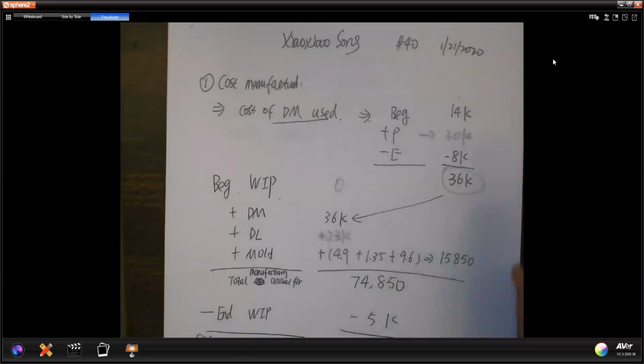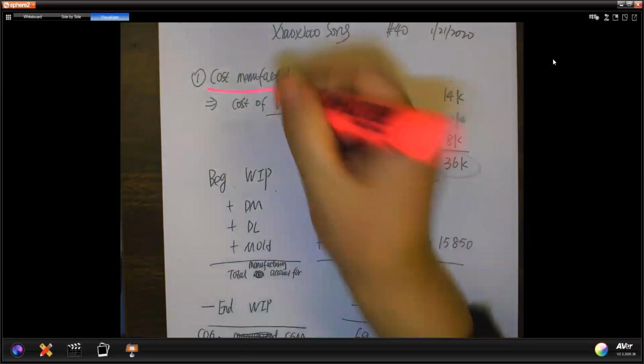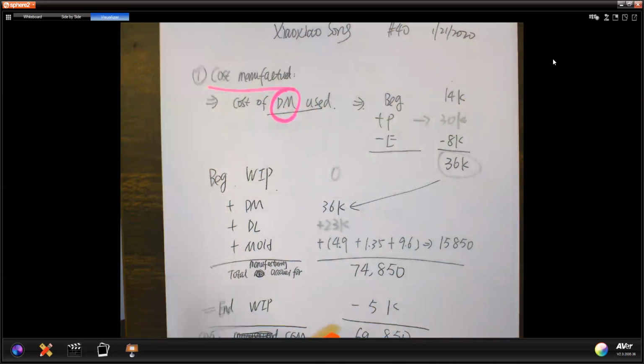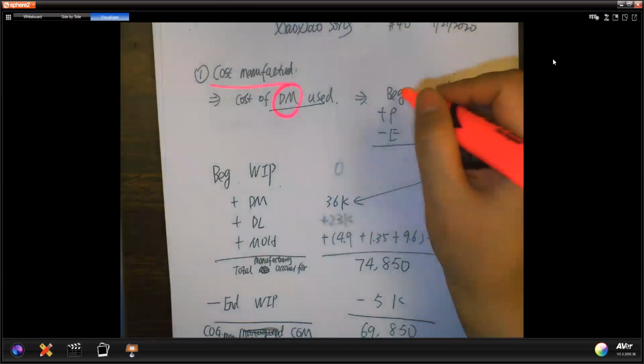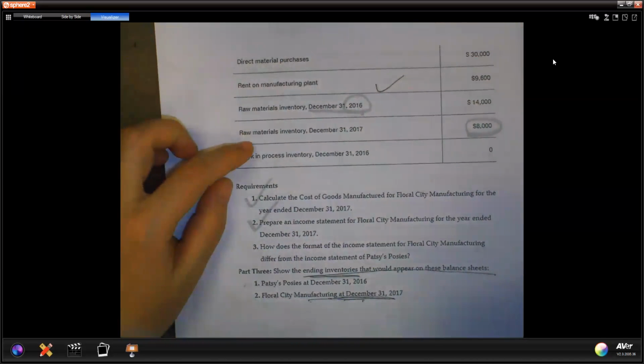We said in order to get that, you first have to get the direct material used, right? For direct material, you have the beginning, purchases, and then ending. So we look at direct material. I go through here, you just look at raw material, right?